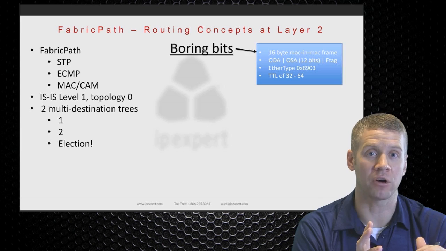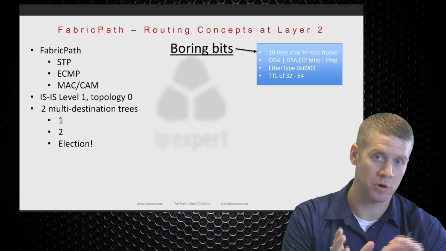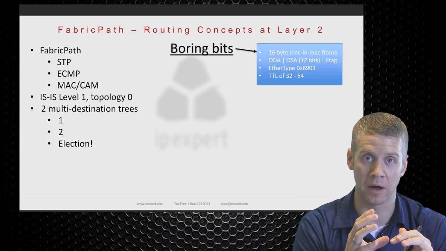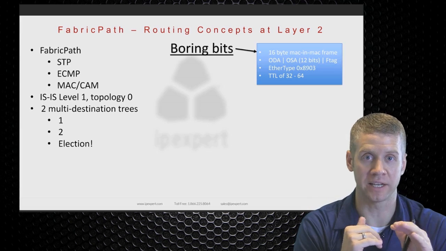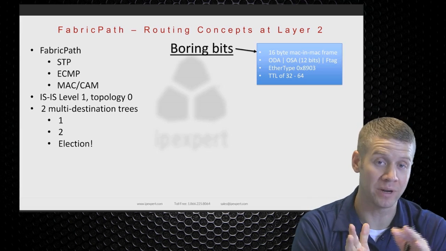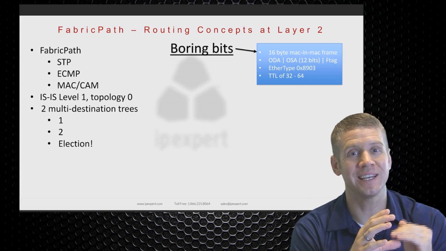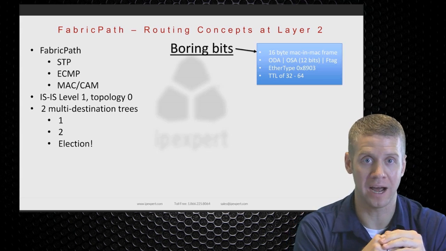Now, in the background, with all this FabricPath running, there's a protocol behind the scenes that's helping us out. That protocol is IS-IS, or Intermediate System to Intermediate System. IS-IS was chosen because it is not dependent on IP.